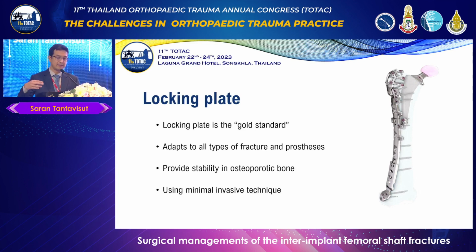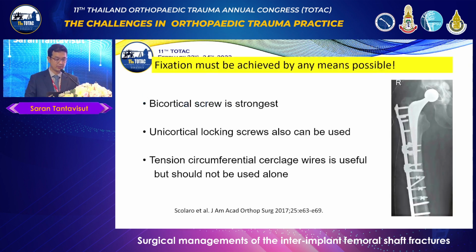You can have total hip, total knee, any kind of instrument, and the plate can get around these instruments. So it's the gold standard at this moment. It can provide stability in osteoporotic bone, and you can use a minimally invasive technique to preserve the biology of the fracture too.